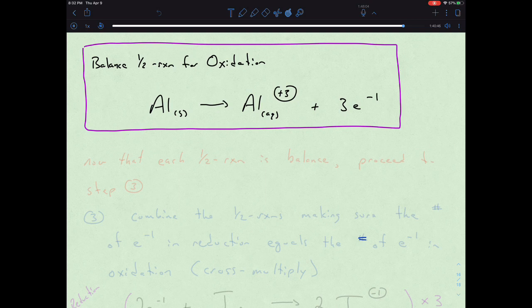So now that we have each reaction done, so now that each half reaction is balanced, we want to proceed to step 3.